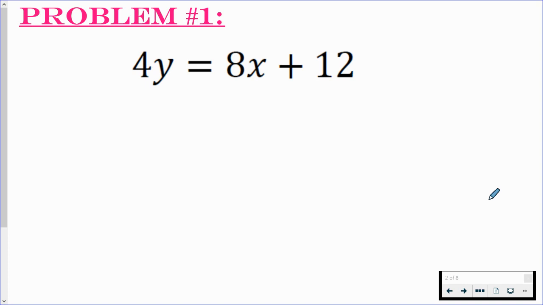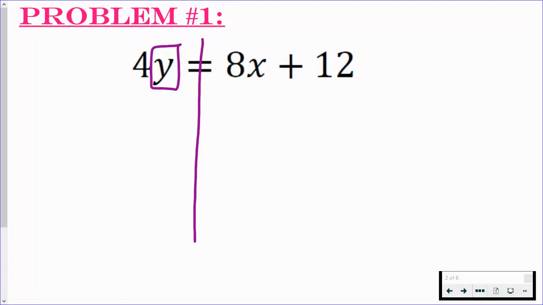Okay, so first things first. My first tip was to move the x term if it's on the same side. However, the x term is already on the side we want it, so we don't need to do anything for that.